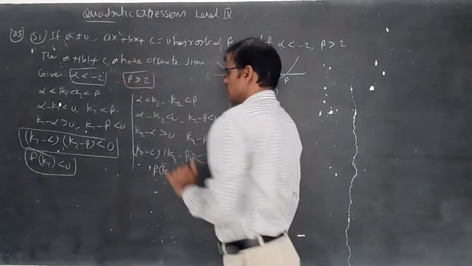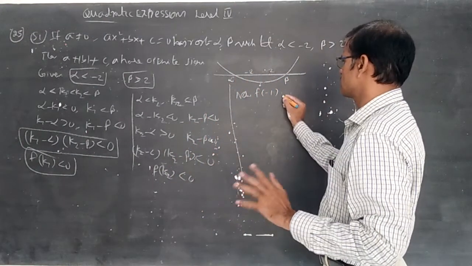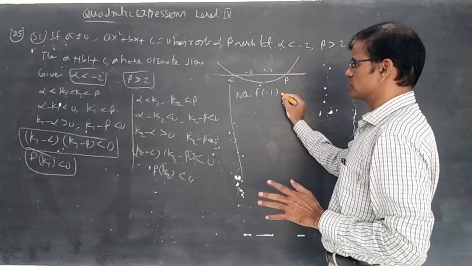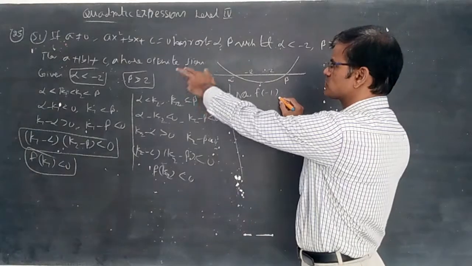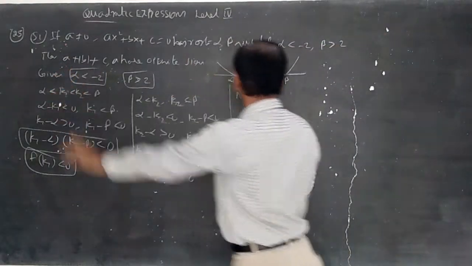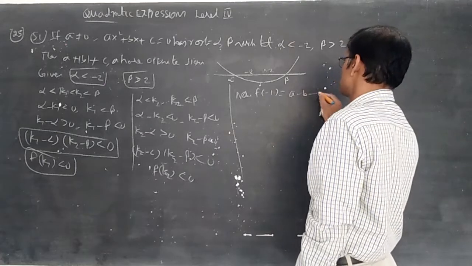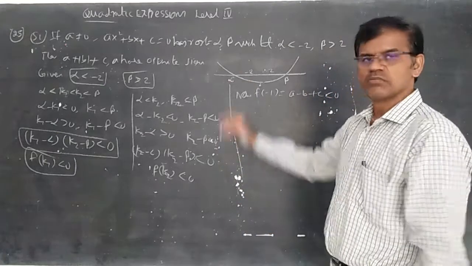Substitute here. It should be less than 0, the value in between. Here for the K1, K2 concept we could take minus 2, but of course with minus 2 the a plus mod b will not come. So better to take f of minus 1, then it becomes a minus b plus c less than 0. Sure. The concept according to minus 1.